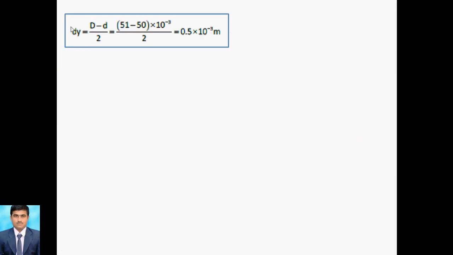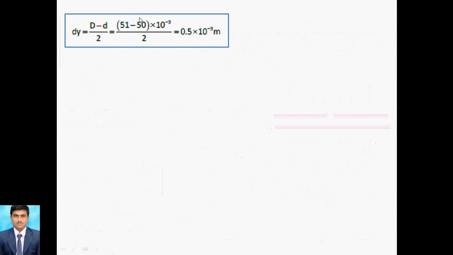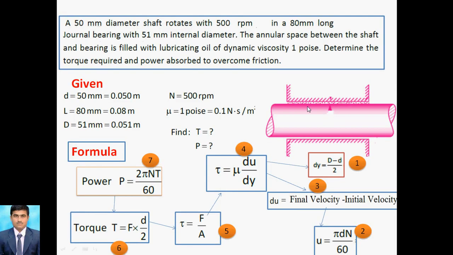So this is the given data. First of all we take the example. Here dy is nothing but capital D minus small d divided by 2. Capital D is 51 mm, so convert this to meter.